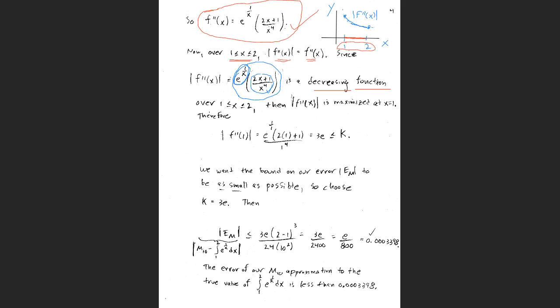At 1. That's right, Abadar. So that's why we say here below that the second derivative is maximized at x equals 1. And therefore, k is going to equal the second derivative when x equals 1.